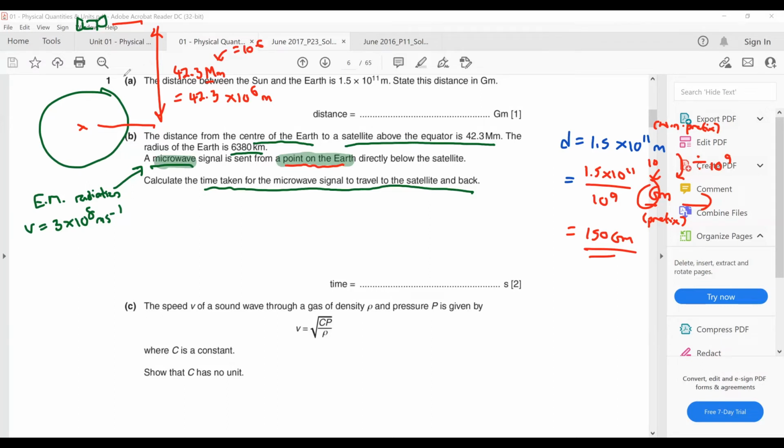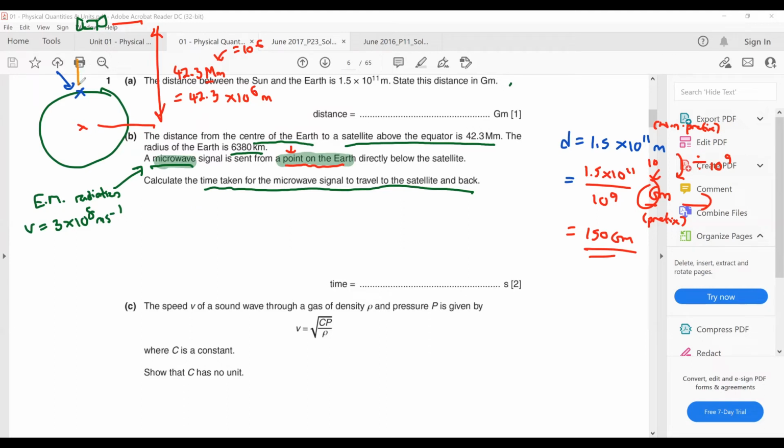Now, they tell you that you're sending your signal from a point on the Earth. You're not sending from the center of the Earth. You are sending from a point on the Earth, so that means you are sending it somewhere here, at this point here. So you want to find the time taken for the microwave signal to travel to the satellite and back from a point on the Earth.